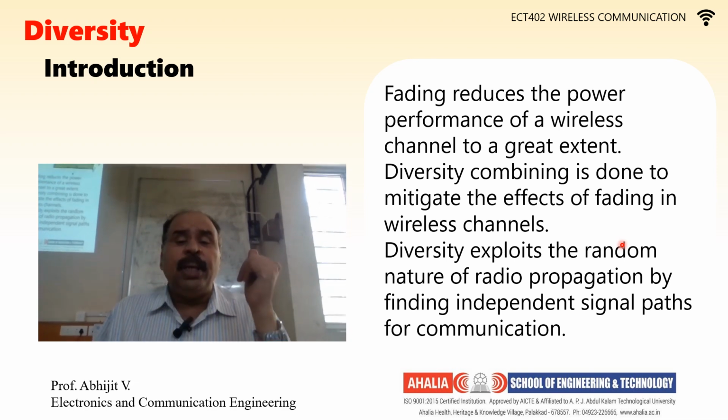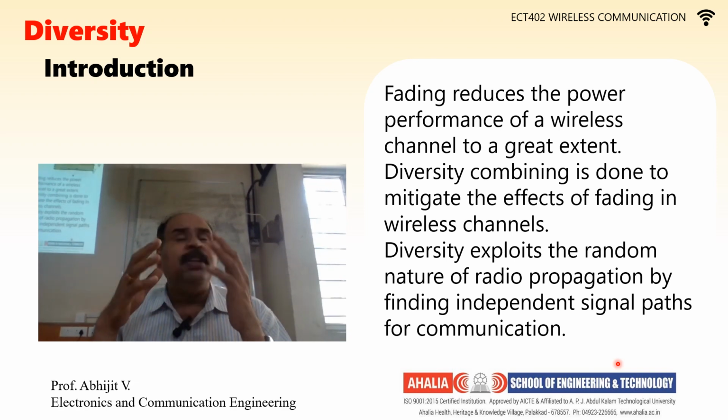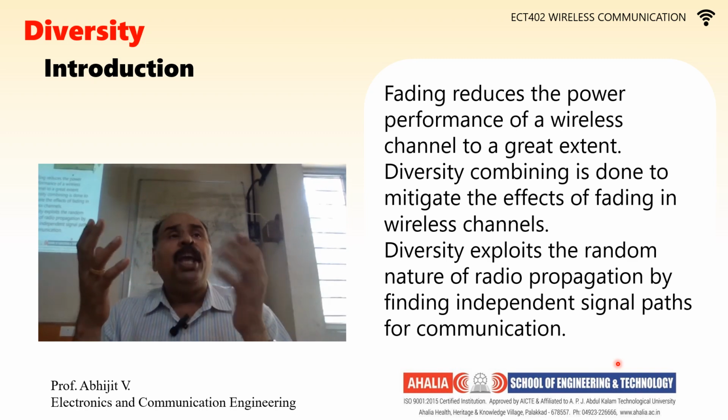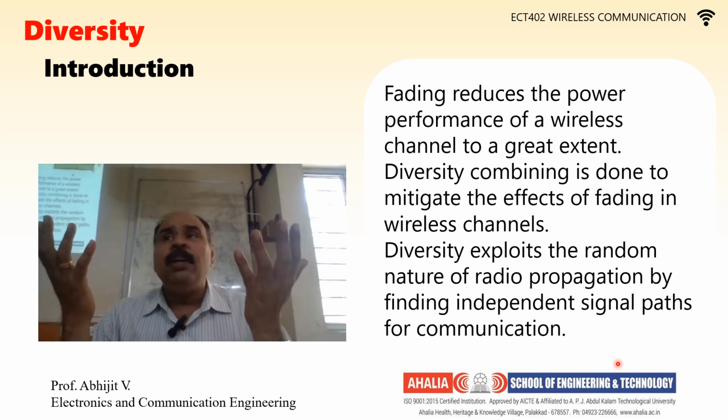Now, diversity exploits the random nature of radio propagation by finding independent signal paths for communication. So, when you transmit a signal from one point to the other, it is being received at one point. If all the signals travel in the same fashion, diversity will not work out. Am I right? Yes or no?